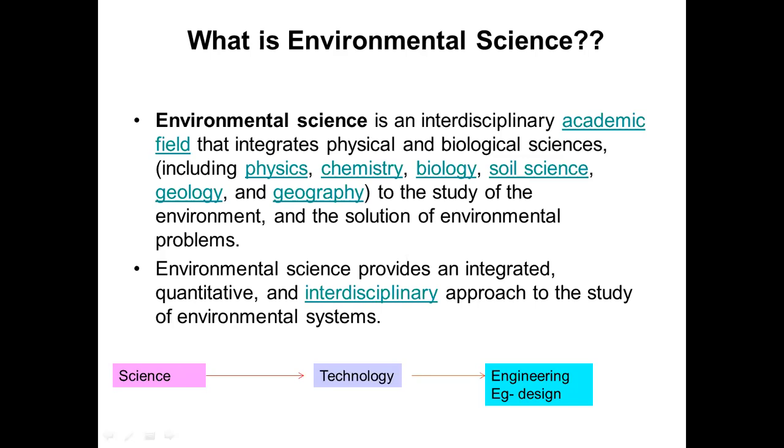In environmental engineering, mainly we focus on designing some equipment and how to operate it, to control the environmental pollution problem. So first we should know about environmental science, then environmental technology, environmental engineering and management. Without having management knowledge, we cannot manage the environment.